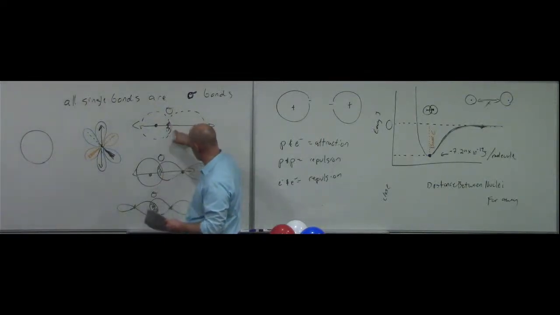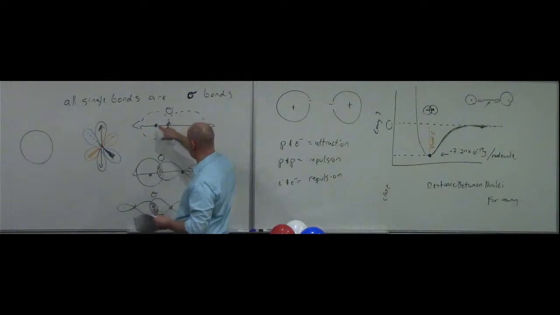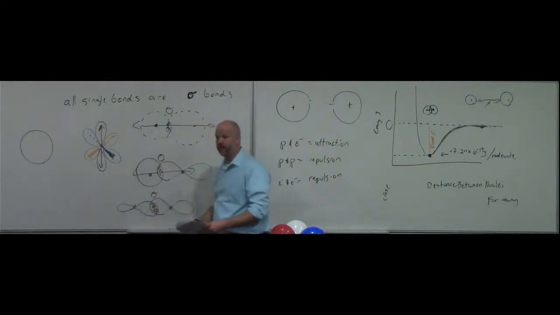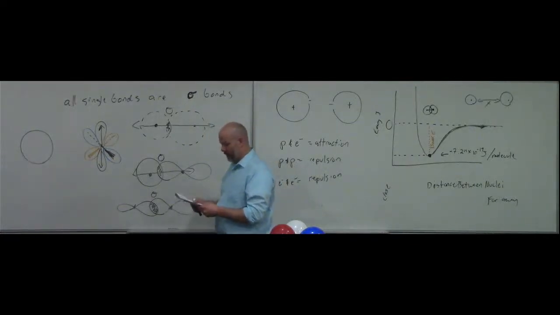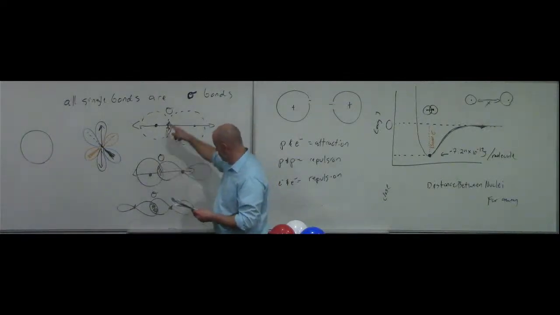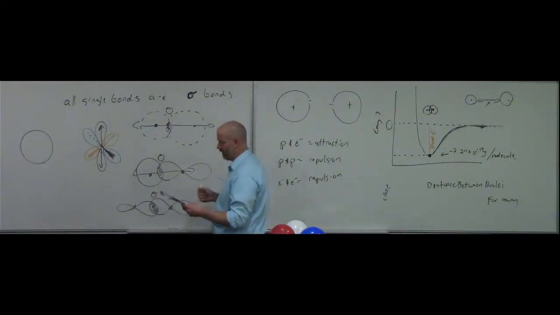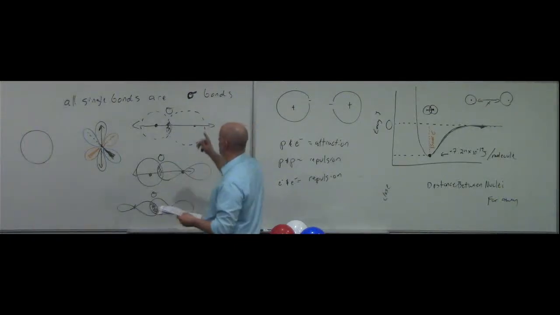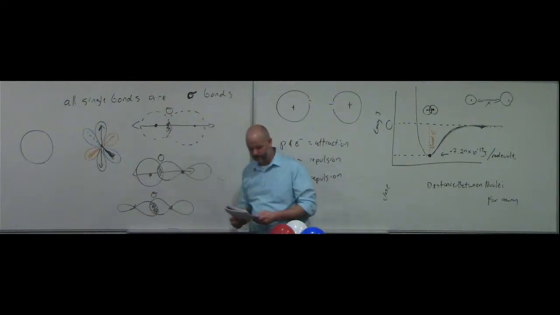I didn't say it quite the same way, but it keeps the concentration of electron activity between the 2 nuclei. That will not be true of pi bonds. That is, the line between the nuclei would pass through the center of the overlap region. We see that in all 3 of those. Single bonds in Lewis structures are described as sigma bonds in valence bond theory. Okay? So all single bonds are sigma bonds.